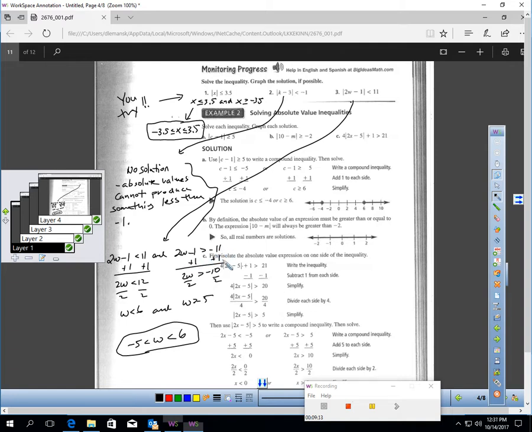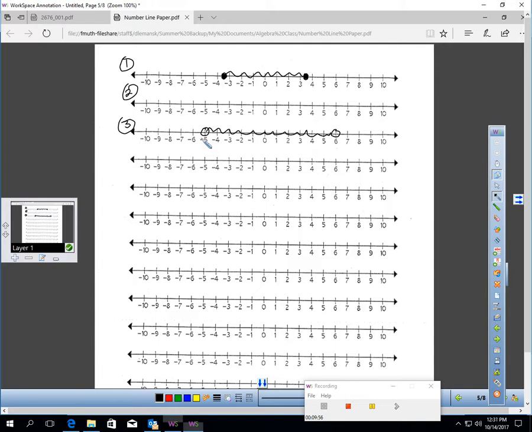If you add 1 and divide by 2, w greater than negative 5, and over here, add 1, divide by 2, w less than 6. So there's my triple inequality, and and problems can be written in triple inequality form. Ors can't. Let's go ahead and graph that. Negative 5 less than w less than 6. So I have an open circle at negative 5, a closed circle at 6, and I'm shading in between.